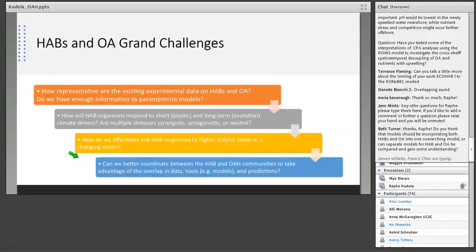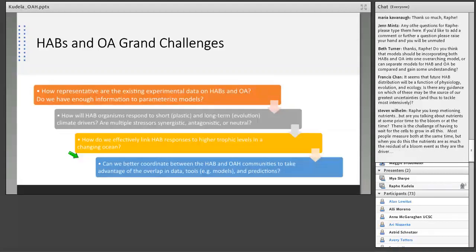It's another great question. I absolutely do think that separate models can be compared as long as they're consistent in their drivers. However, I think the ROMS-BEC one is a really good example. The HAB component of that did not drive the development of ROMS-BEC. That was driven by interest in biogeochemistry. But for a small additional investment, you can add HABs to that existing model.